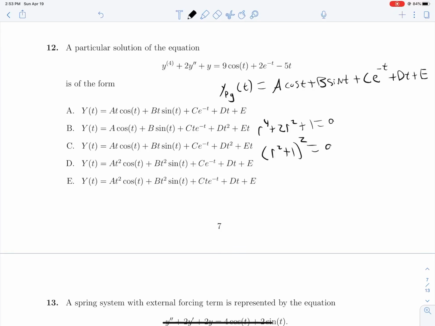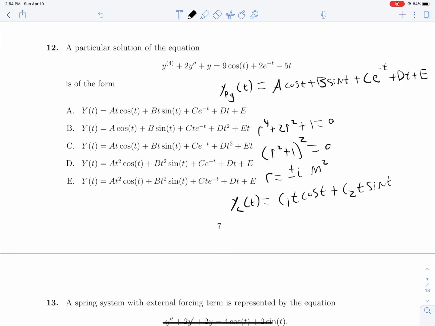This gives us r equals plus or minus i with a multiplicity of 2. That means that we can write our y c of t as c1 t cosine t plus c2 t sine t.